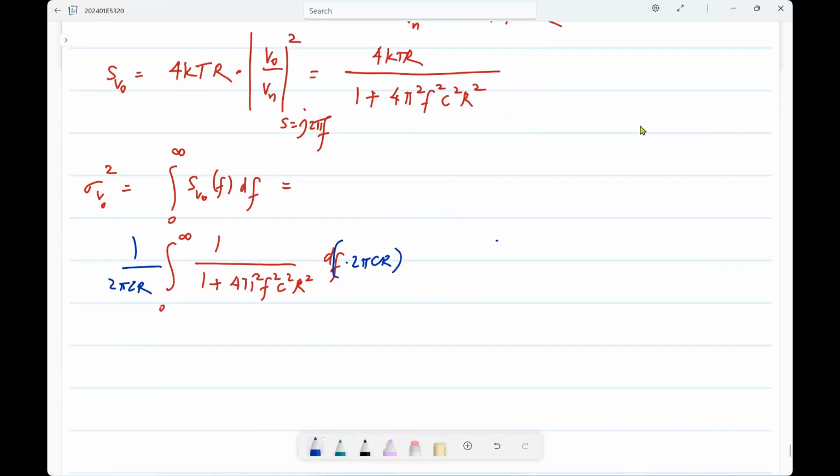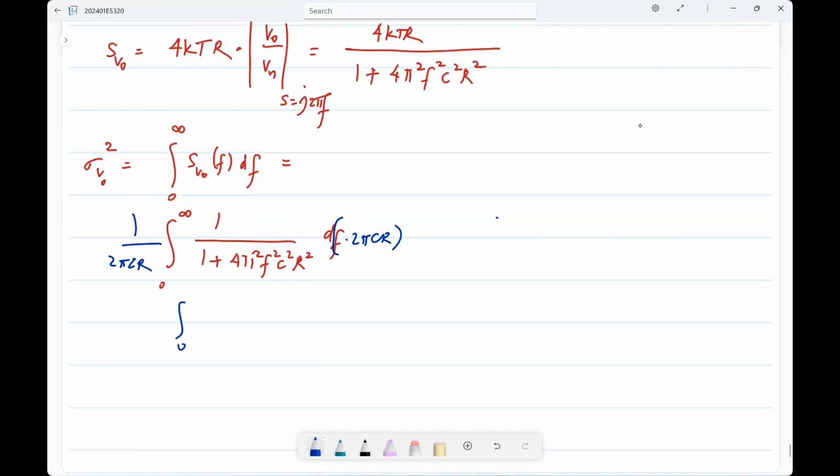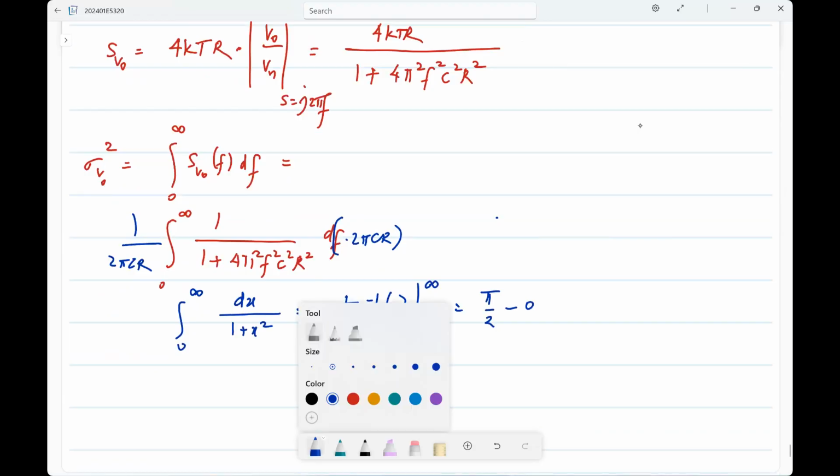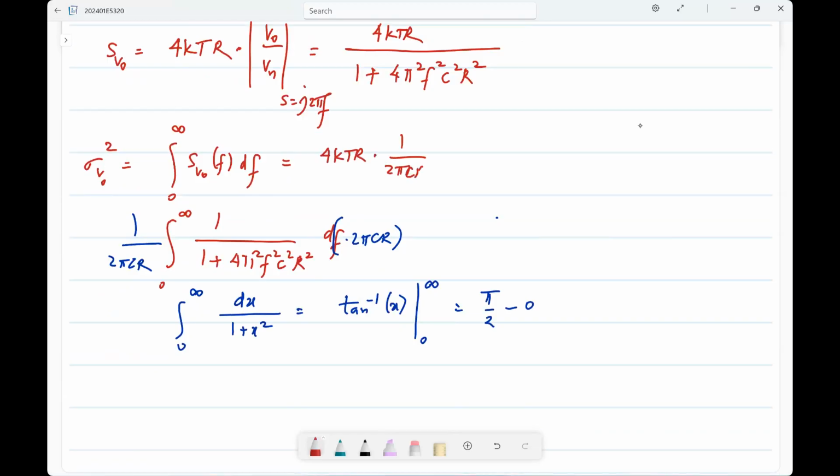And if you do that, what is this? That's the inverse tangent. At 0, this is basically pi by 2 minus 0. So this integral comes out to be 4kTR times 1 by 2 pi CR times pi by 2.